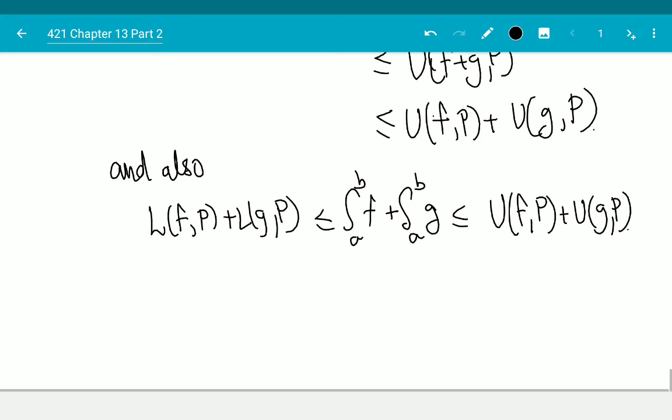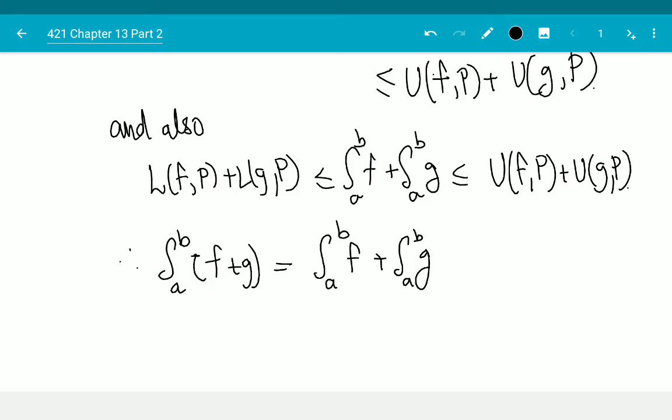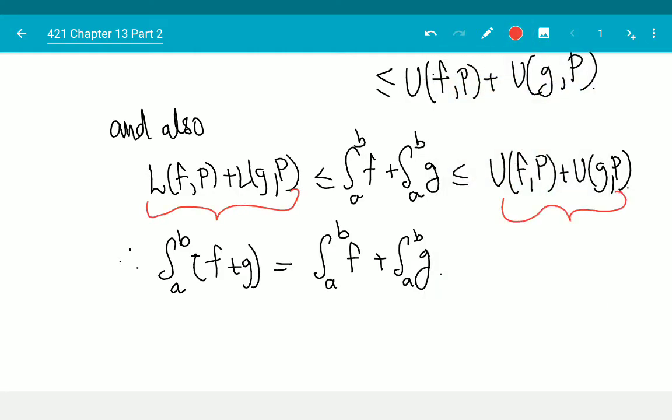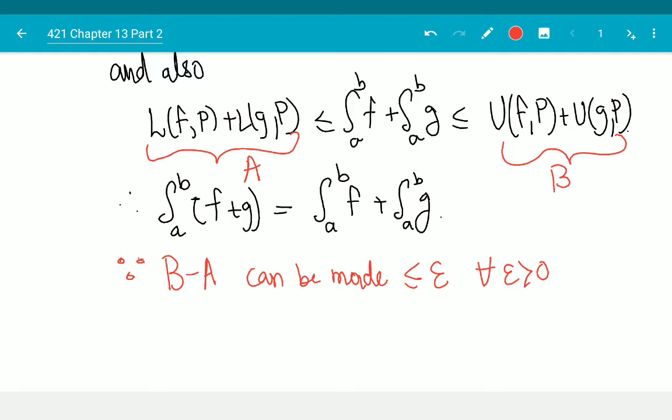Okay, subtracting top and bottom, I can get, therefore, integral a to b of f plus g is equal to integral a to b of f plus integral a to b of g, since basically I can make this difference, times b minus a, smaller than or equal to epsilon for every epsilon greater than 0.